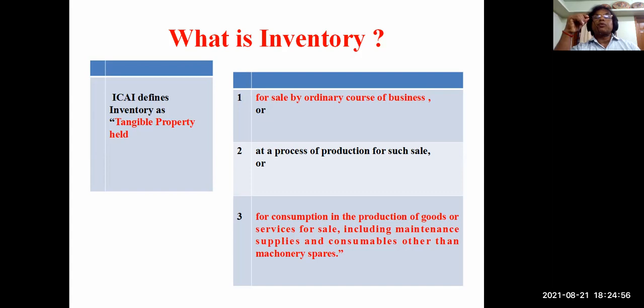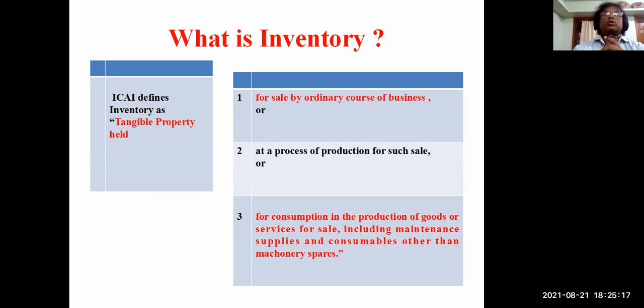Then you have kept some goods, some materials for consumption in production, or goods or services for sale, including maintenance, consumable stores, machinery parts, all these things are inventory. So inventory is a wider term, material is a narrower term.